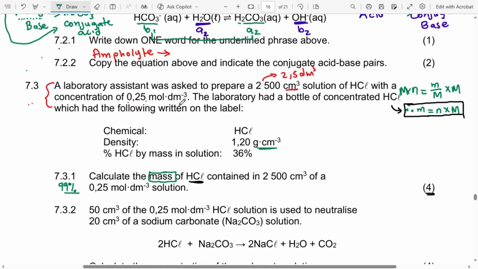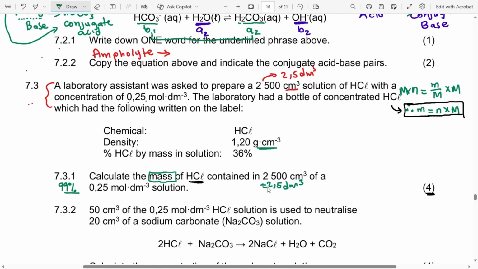Okay, so now, how are you going to calculate the number of moles? You're just going to say, oh, this is 2.5 decimeter cubed, and that's my concentration. And then what else do you have? I'm sorry, that's your volume. So that's my volume.